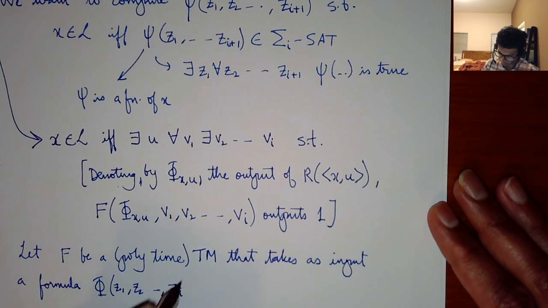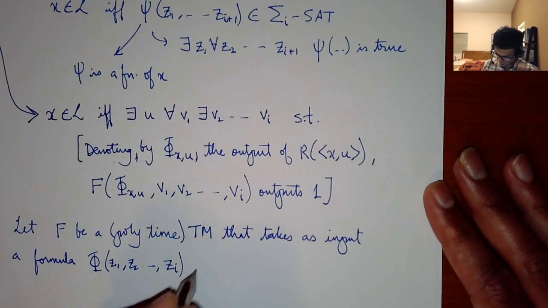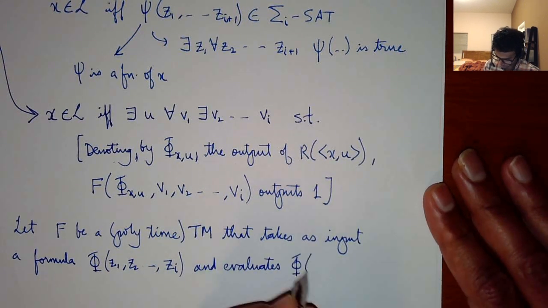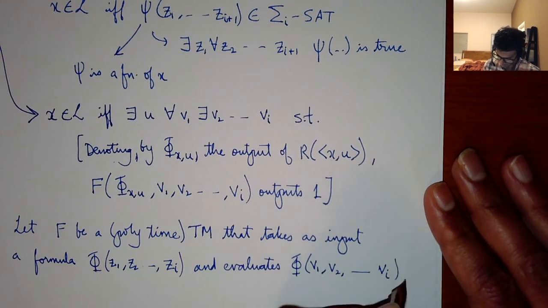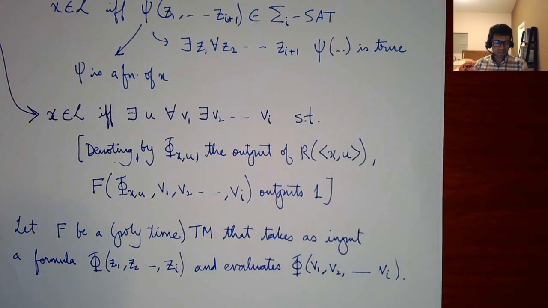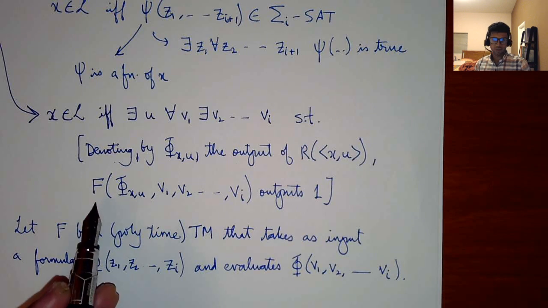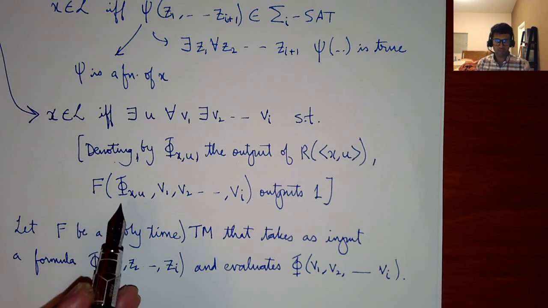So it's going to take as input a formula and evaluate it. I'm just writing this out in somewhat gory detail. I'm just saying that f is a Turing machine that simply evaluates the formula.